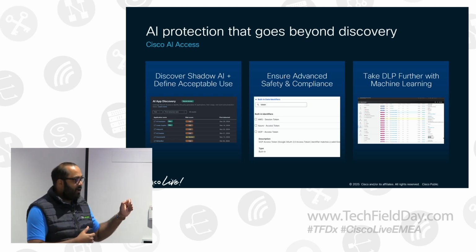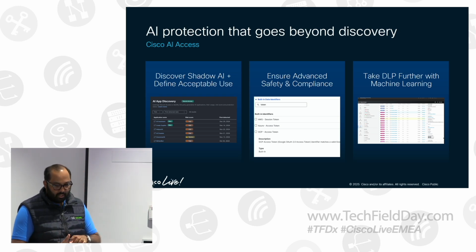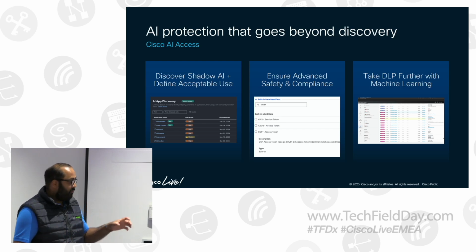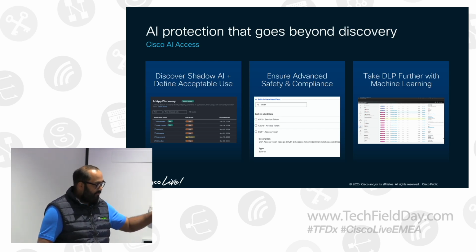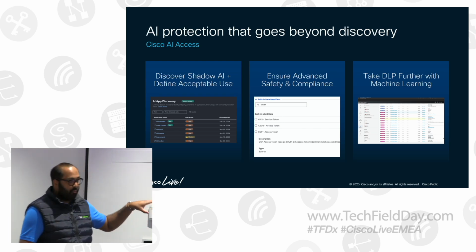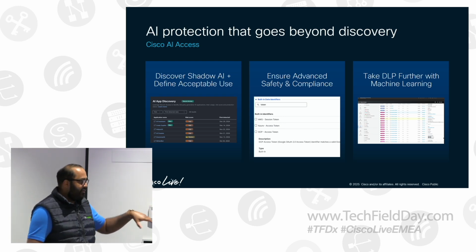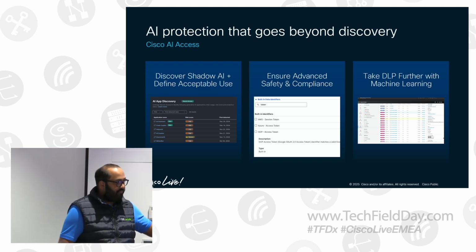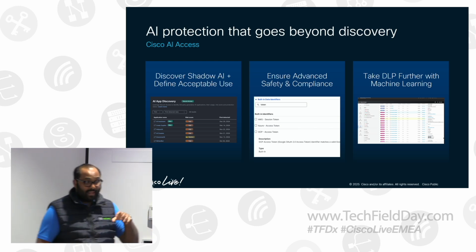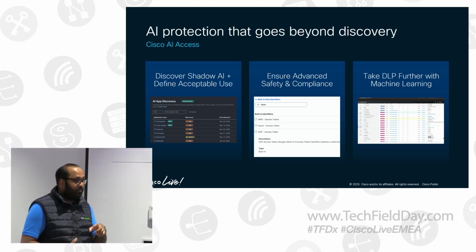I mentioned at the top that one of the things we're working on, that's going to be available very soon, is the ability to have better visibility and better control of what we call shadow AI inside of generative AI tools.